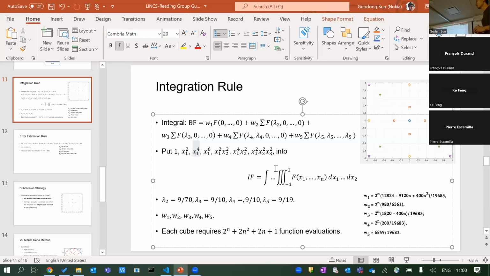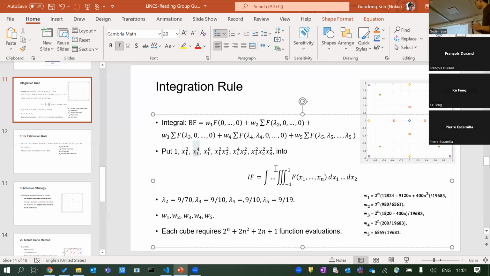And our question, if I get it correctly, was whether the BF was a polynomial representation or approximation of the function, or some way to compute the integral. Is it the value? Is it a surrogate of IF or a surrogate of F? That was our question, if I get it correct. Yes.